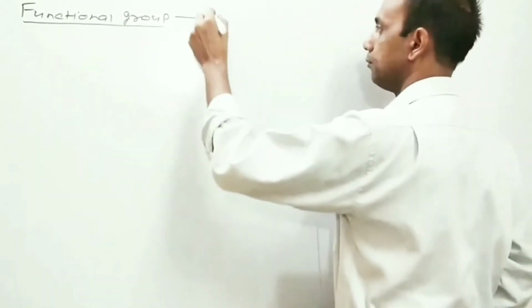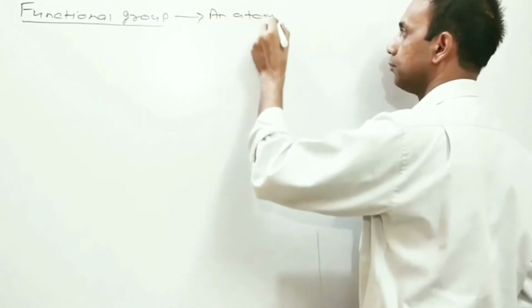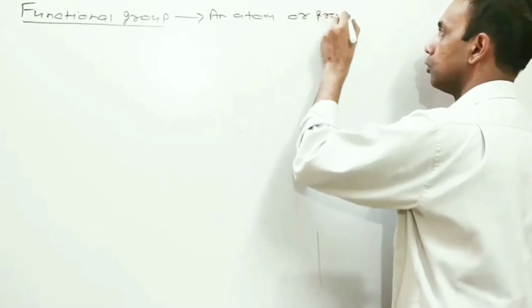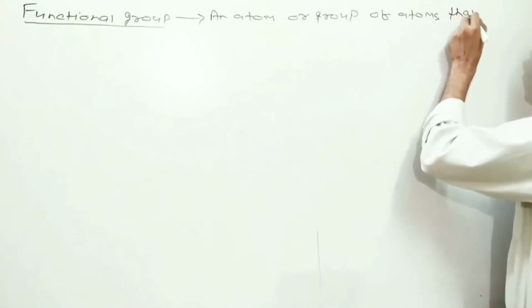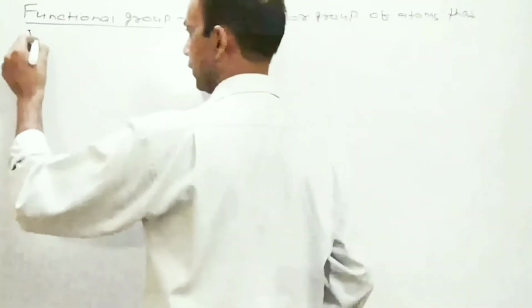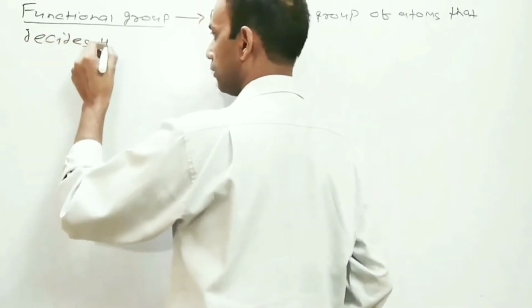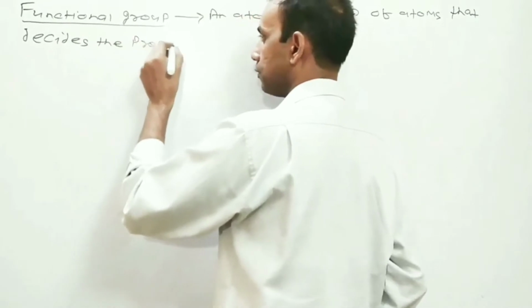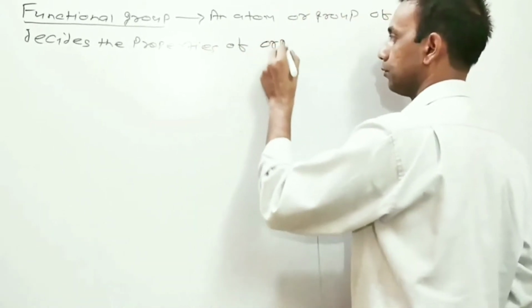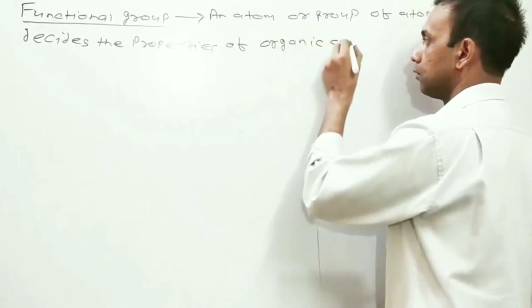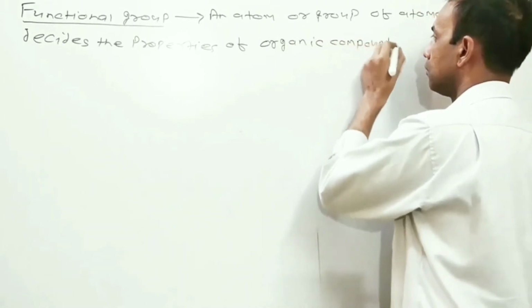A functional group is an atom or group of atoms that decides the properties of an organic compound.